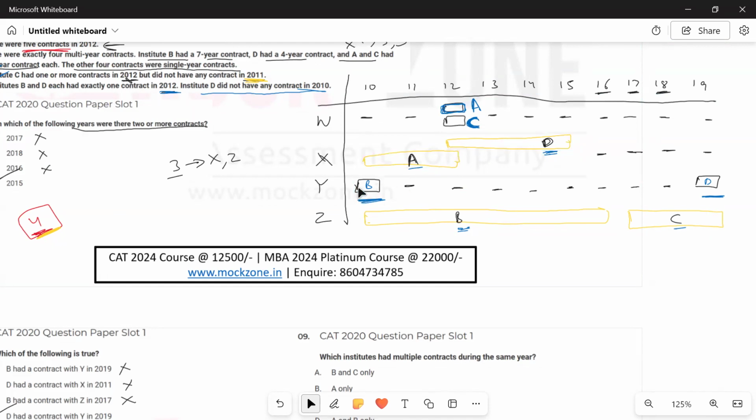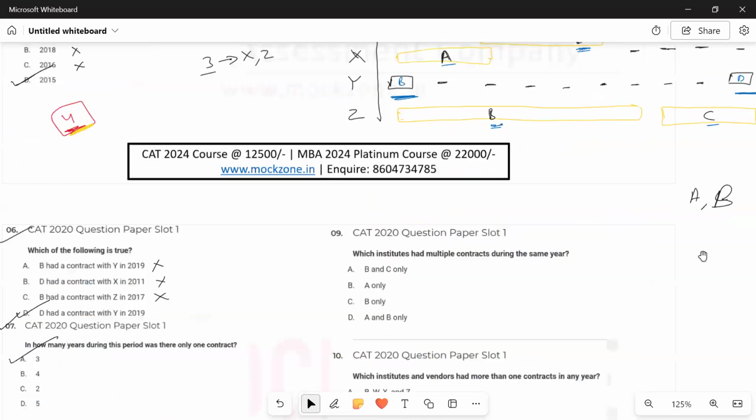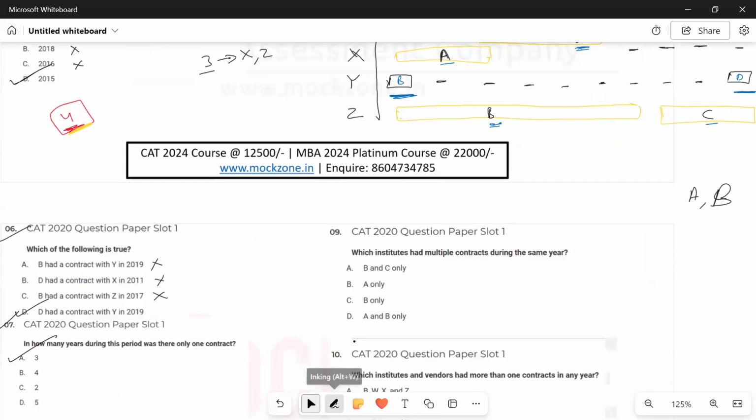B had multiple contracts in 2010 with Y and Z. C does not have multiple contracts in the same year. One is in 2012, the other one is from 17 to 19. D also does not have an overlap. So the answer is A and B only.